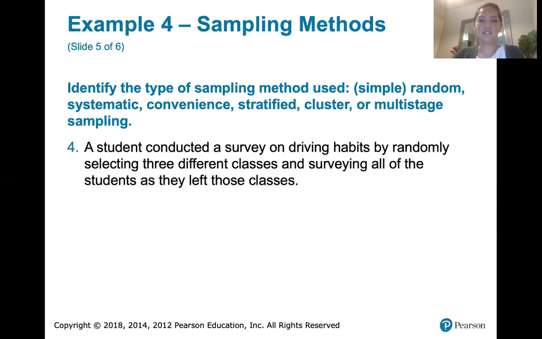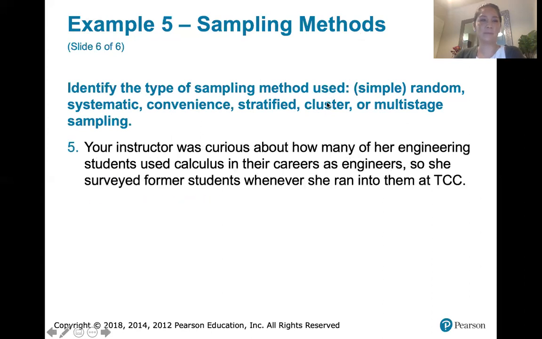A student conducted a survey on driving habits by randomly selecting 3 different classes and surveying all of the students as they left those classes. So he chose 3 different classes from those that were being offered at his institution. And then he surveyed everyone within those groups. By subdividing first and then choosing everyone within a specific group, he's using a cluster sample.